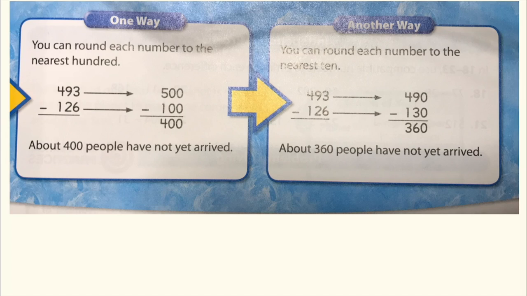You can round each number to the nearest 100. In order to go to the nearest 100, you need to underline the numbers in the hundreds place and circle the number to the right. 9 is 5 and above, so the 4 will go up by 1, and each number after it will be a 0. 6 is 5 and above.